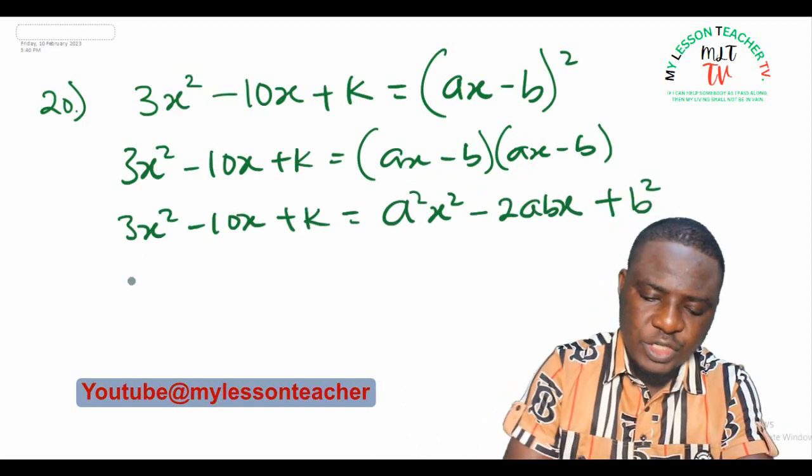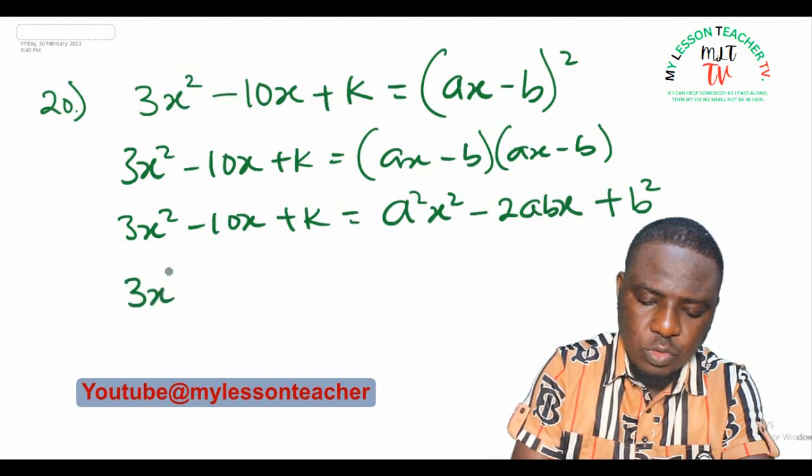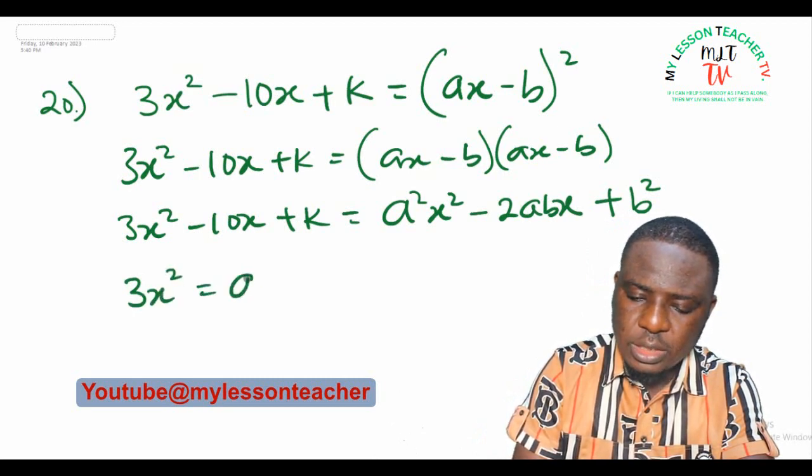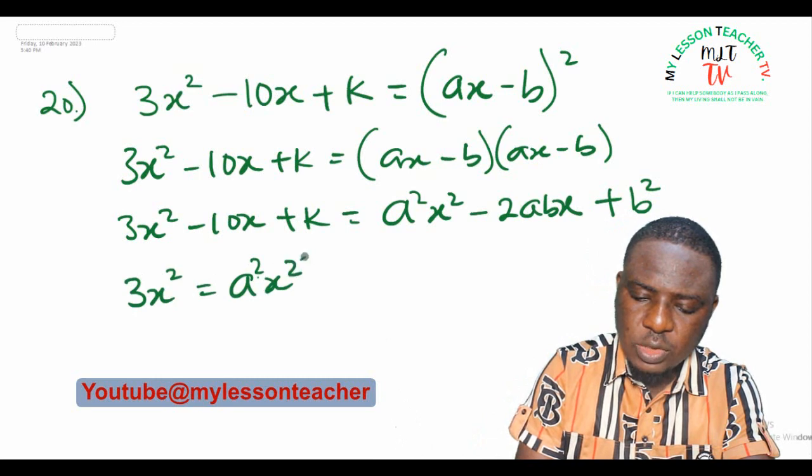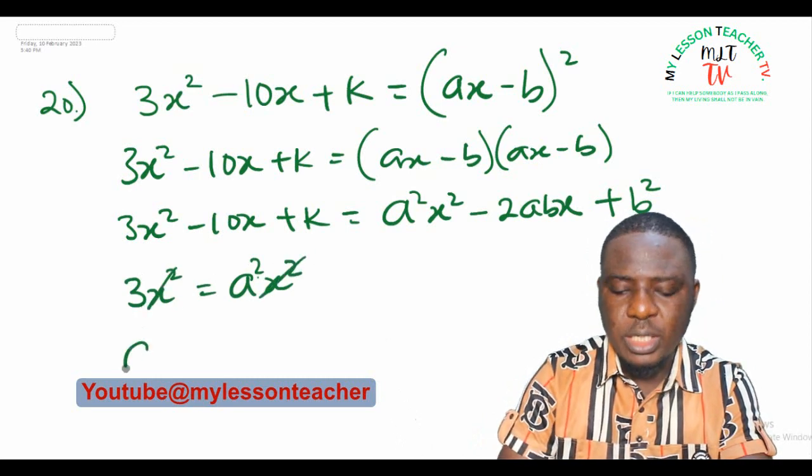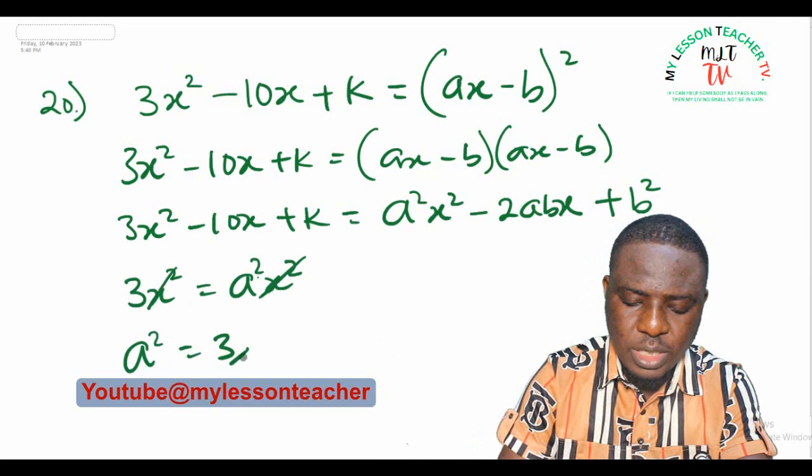Now by comparing coefficients, we have the first term to be 3x squared is equal to a squared x squared. Dividing both sides by x squared, you have a squared to be equal to 3.